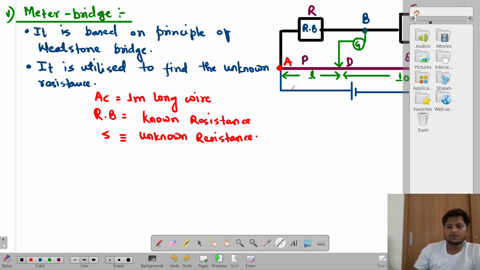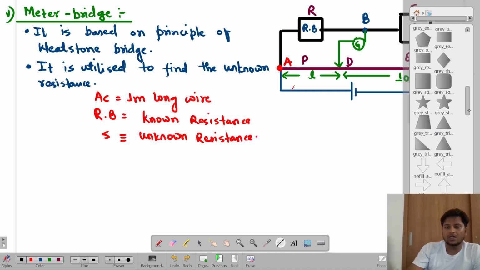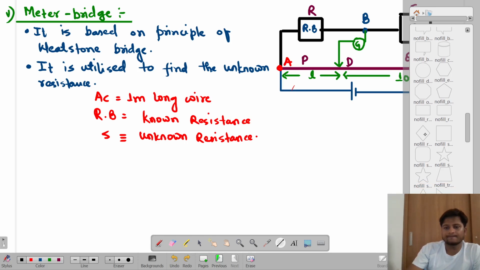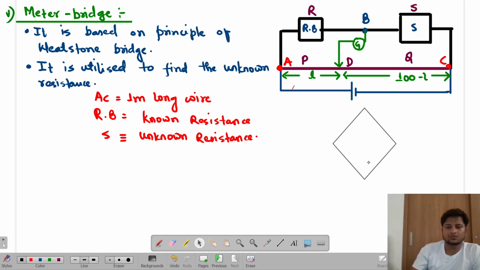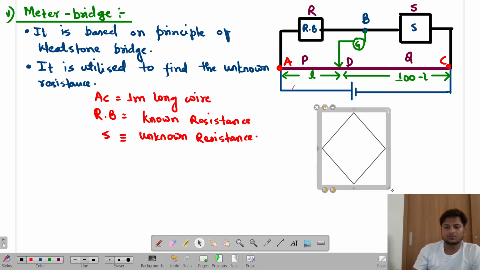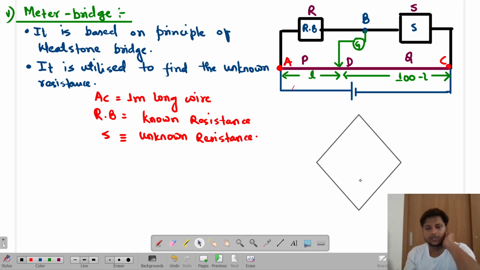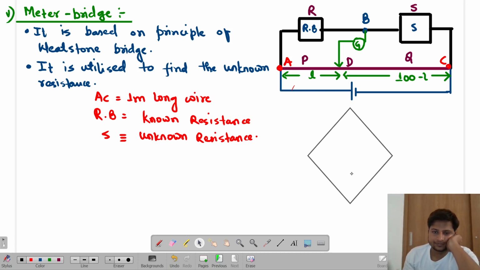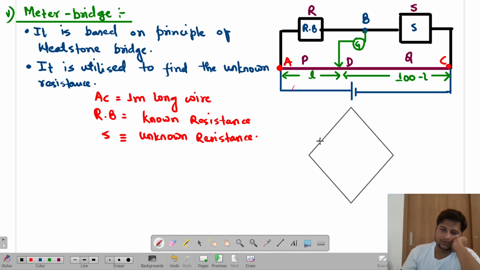Or we can do one thing. Let's take one square. Here one of the resistances is there, which is R. Here another resistance is there, which is S, which is unknown.